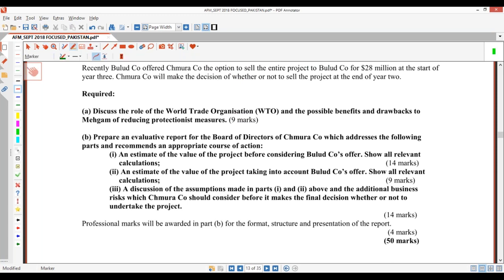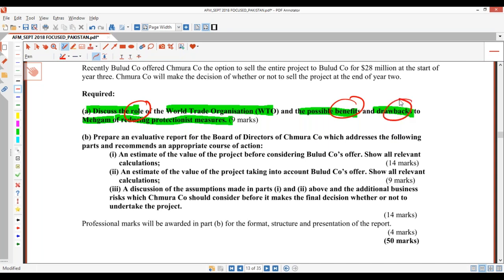Discuss the role of the World Trade Organization and the possible benefits and drawbacks to Megan of reducing protectionist measures. Now there are 9 marks here. If you break it down, discuss the role is the first part, benefits the second part, drawbacks the third part.